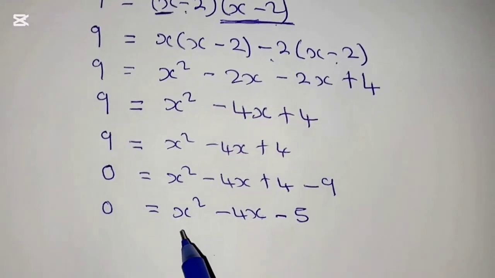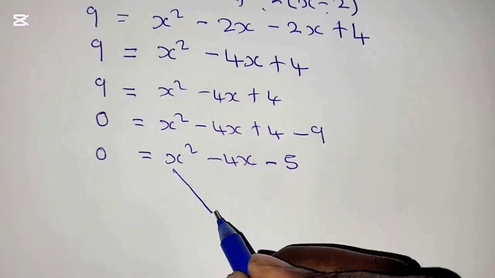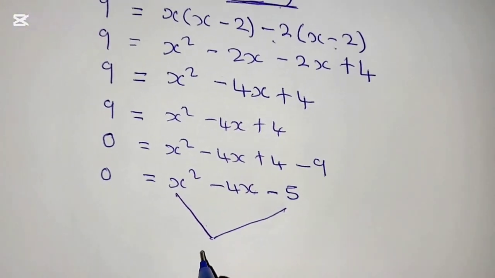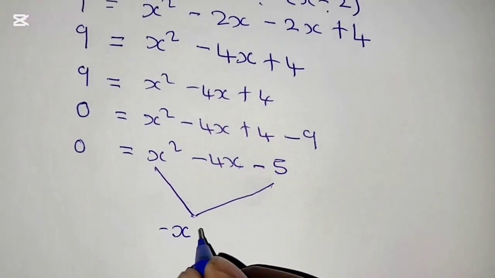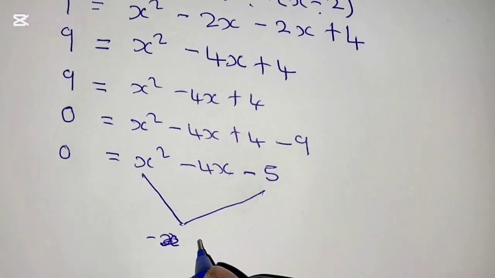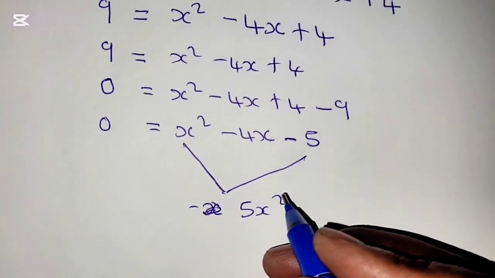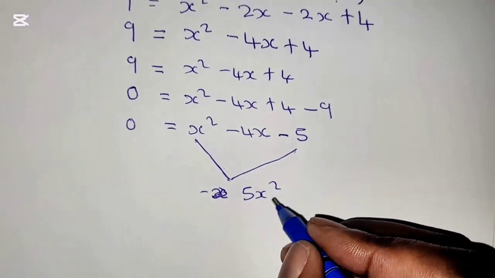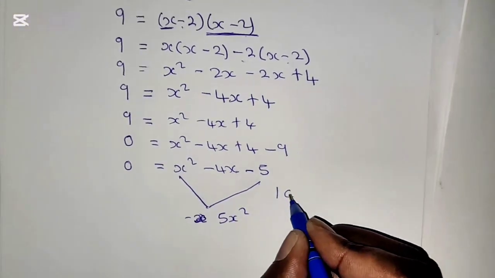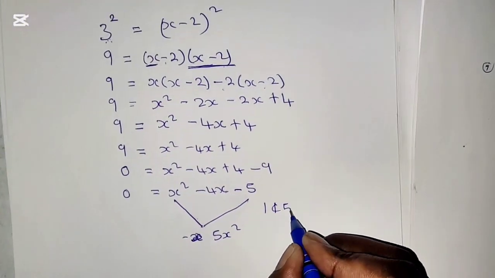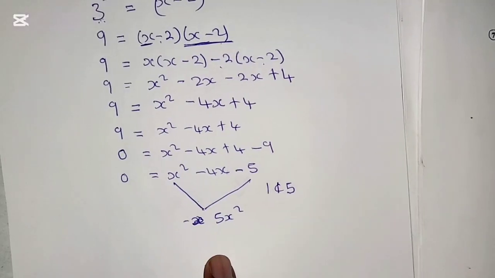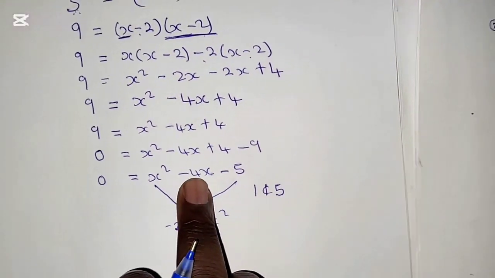Okay, so let's multiply the first one and the last one to get what? It's minus 5x squared. Okay, so let's look for factors that if we multiply, you get 5. That's 1 and what? That's 1 and 5, right? So we want to get negative what? Negative 4.